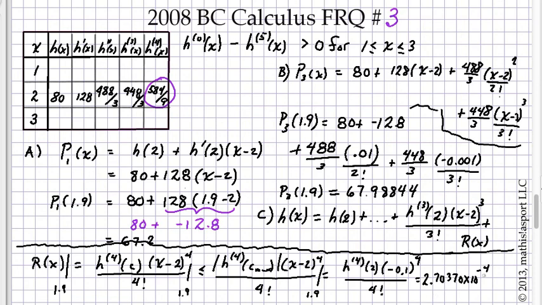And that number is decidedly less than the bound that we were asked to prove it for, namely 3 times 10 to the negative 4. So we have shown that the Lagrange error bound gives us a worst case error that is certainly less than 3 times 10 to the negative 4.